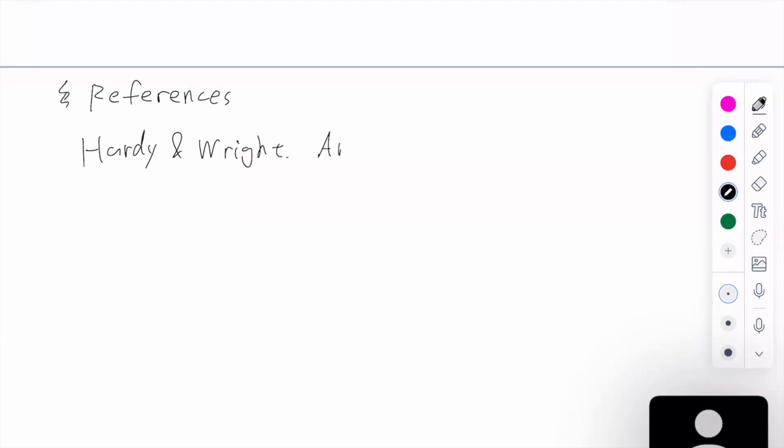Regarding the topic for our talk, the motivation comes from a textbook by Hardy and Wright. I will put the reference here. In their textbook, they talk about the specific details concerning the reflection of the light in the rational approximation section. Let me write the name of the book.